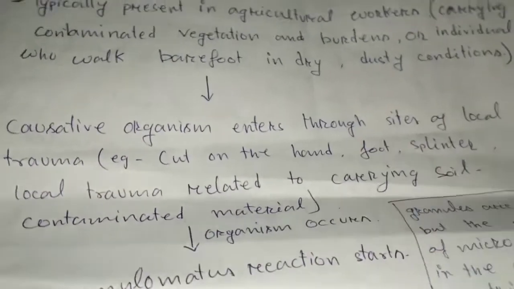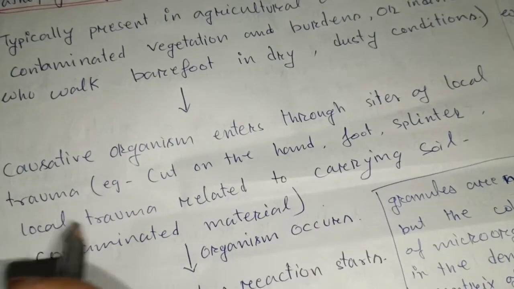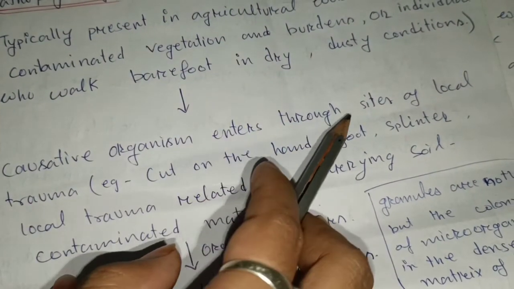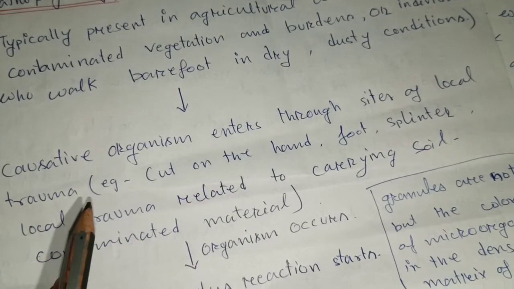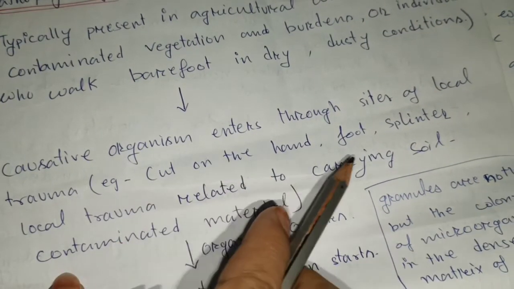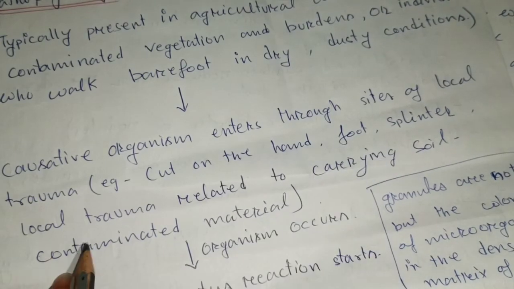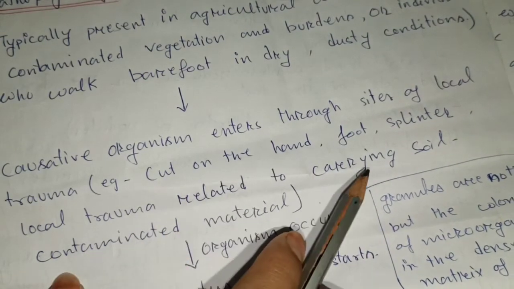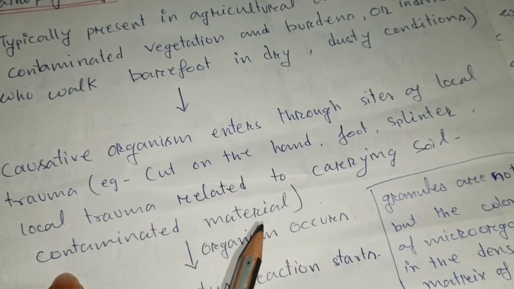Then the causative organisms enter at the site of local trauma, for example a cut on the hand or foot, a splinter, or local trauma related to dry soil and contaminated materials.